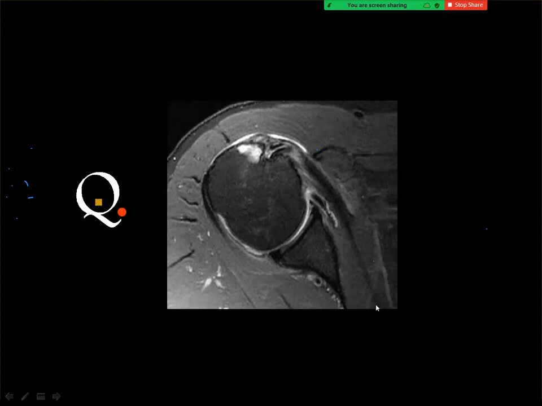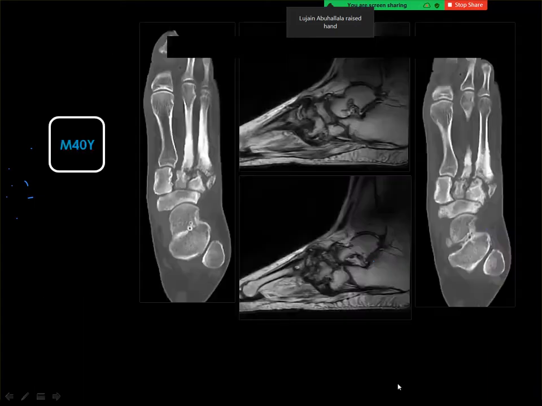Is it a full thickness tear or a partial thickness tear? Partial thickness tear. What do you think of this structure? Okay, this is the middle glenohumeral ligament, which is located between the subscapularis tendon and the anterior labrum. And this is a partial subscapularis tendon tear. Then next case.